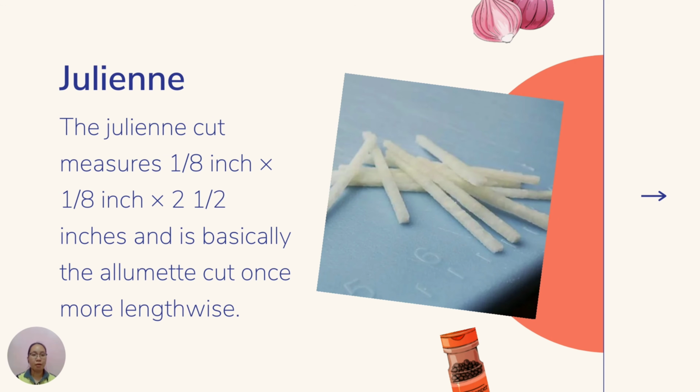So we have here the julienne cut, which measures 1/8 inch by 1/8 inch by 2 1/2 inches. So if you cut once more lengthwise the batonnet, then you will produce a julienne cut. And this cut is often used for celery, for carrots, as well as potatoes if you use this as a garnish.